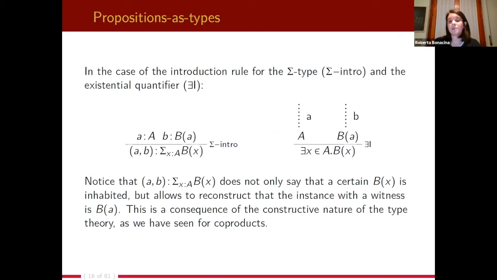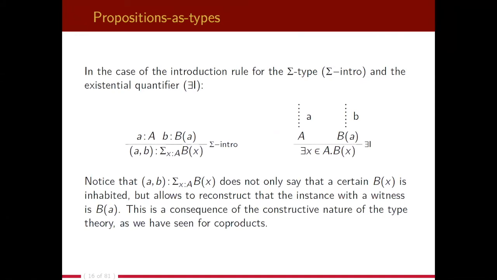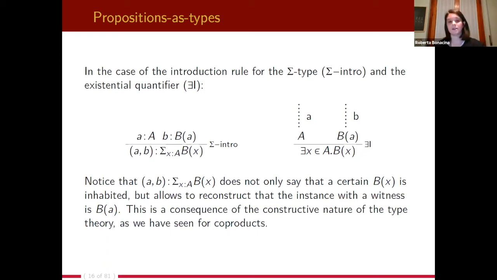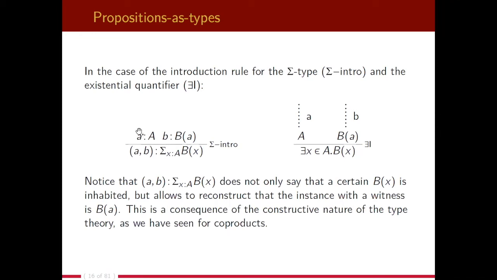And this is a consequence of the constructive nature of the theory. So informally, one could say that we have a witness of type A and we have a proof that that witness has the property B, essentially. There exists an A such that the proposition B of a holds, because the property B depends on it. So we have a witness and we have a proof that that witness actually is a witness.